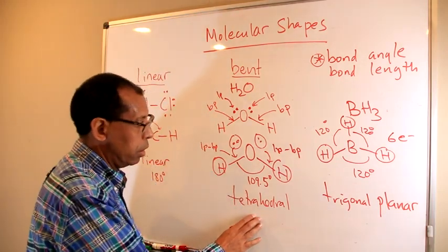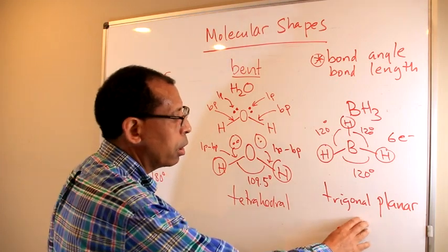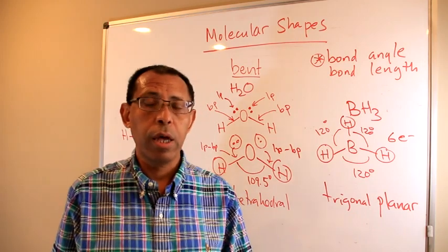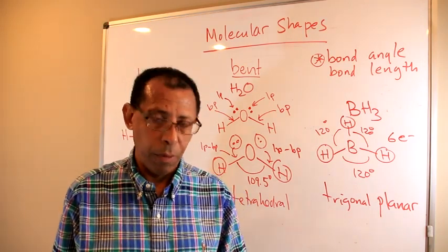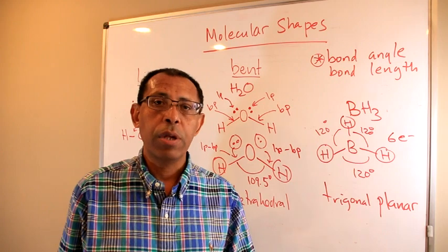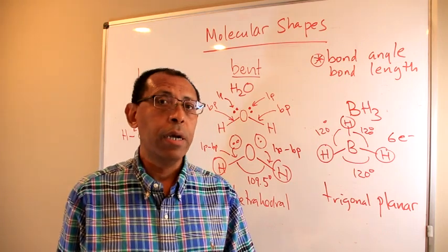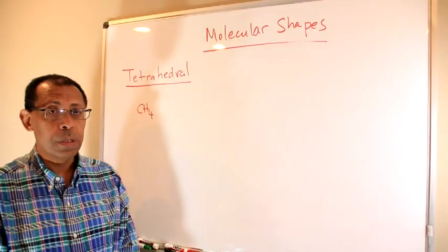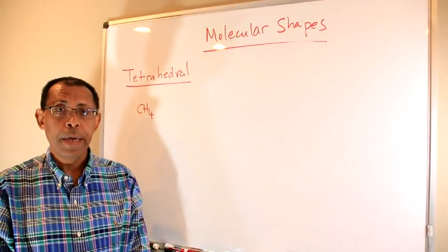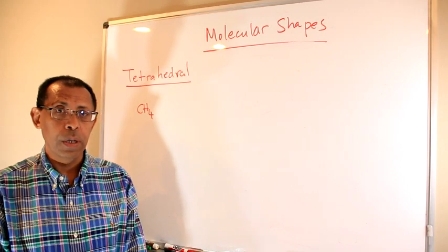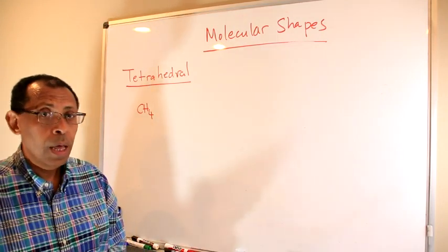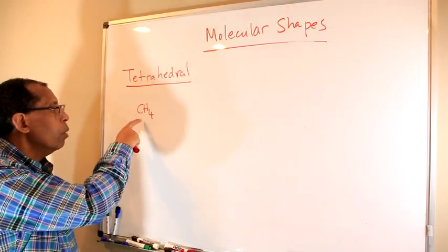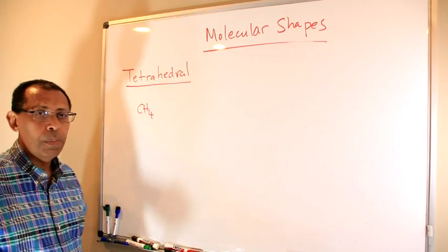Here we have discussed tetrahedral, and here we have discussed trigonal planar. As most organic compounds that contain carbon obviously have a tetrahedral shape, I will discuss in detail what a tetrahedral shape in most organic compounds, especially on carbon, looks like. So by taking the smallest organic compound here, it would be CH4, which is methane.